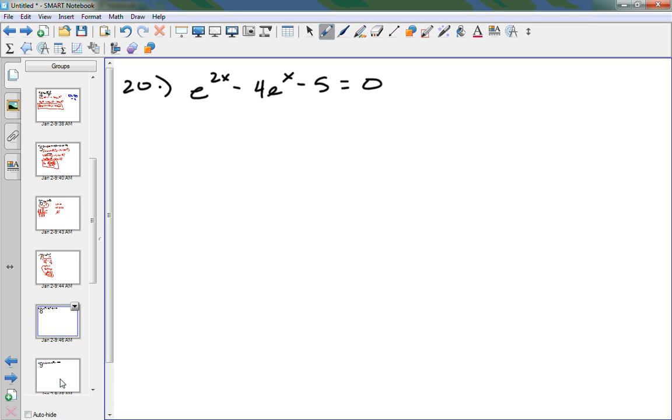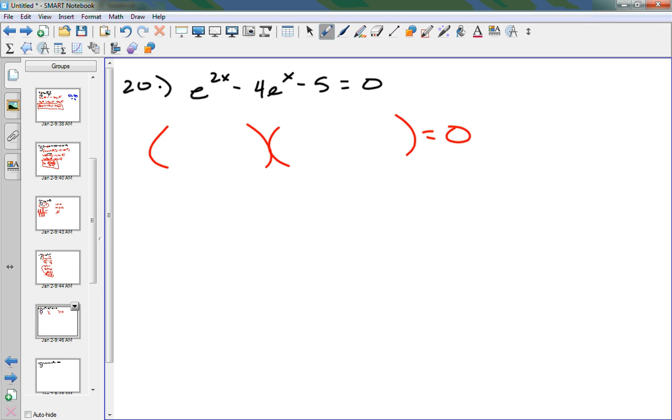There are 2 different x's there, and those x's are not like terms, because an x squared is not a like term to an x. Is x squared and x like terms? No. So is e to the 2x and e to the x like terms? No. So therefore, we have to put this into 2 binomials.